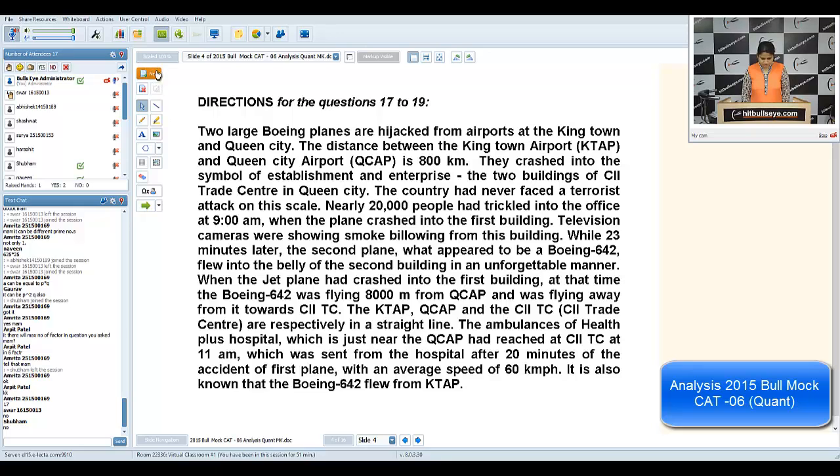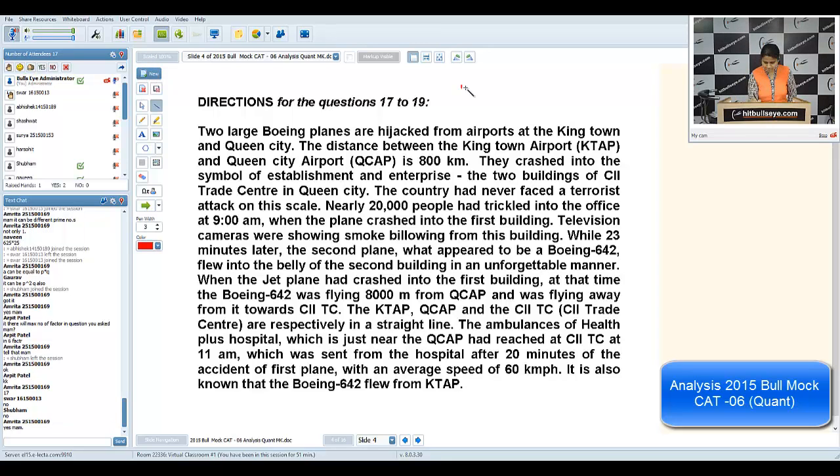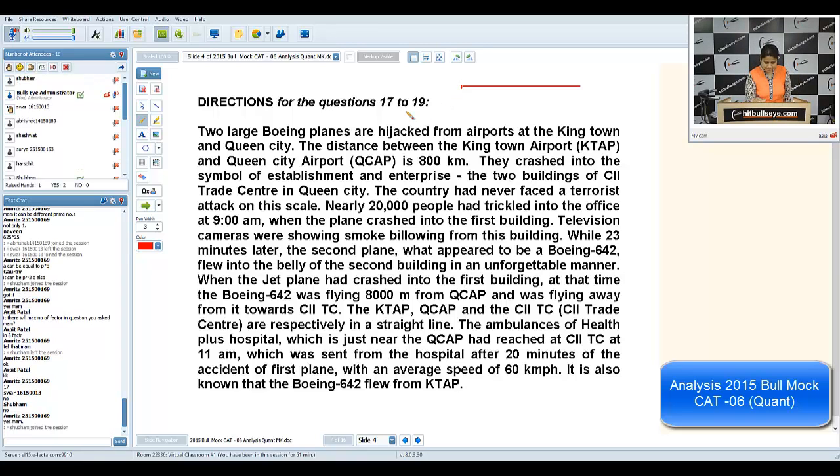Amrita, have you read the whole story? The question seems difficult, but if you read the whole story thoroughly, you can answer every question. See, it says there are two airports. One is Kingstown Airport.